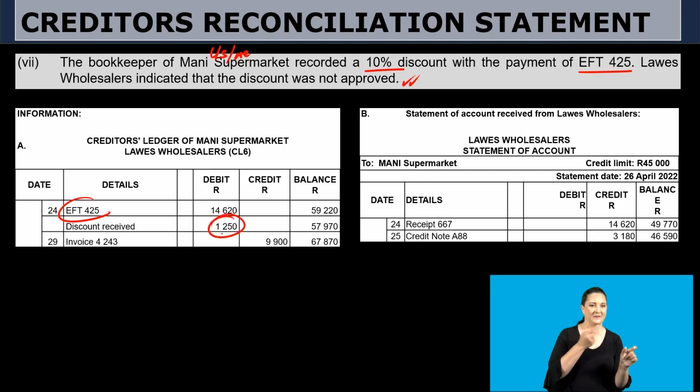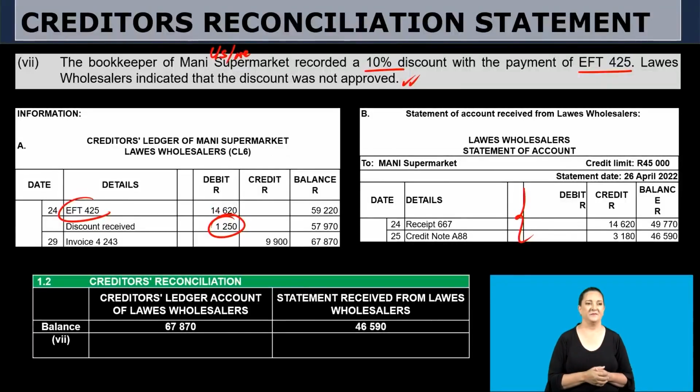And here is the discount, 1,250. You can see they did not record the discount because it was not approved. So you already know who made the error. It was us. We recorded a discount, which was a minus, so I have to correct it by saying plus 1,250. Can I go on to the next one?